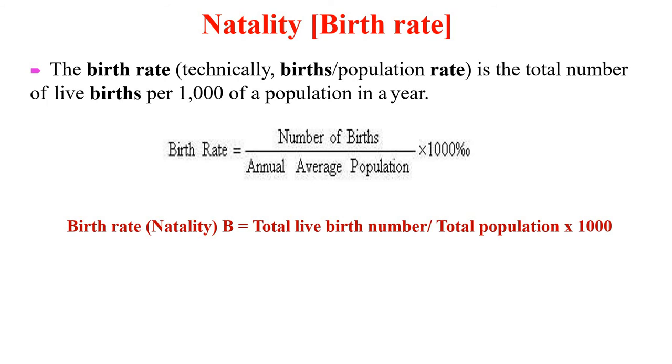Therefore, the formula for natality, capital B, is equal to total live birth number divided by total number of the population multiplied by 1000.